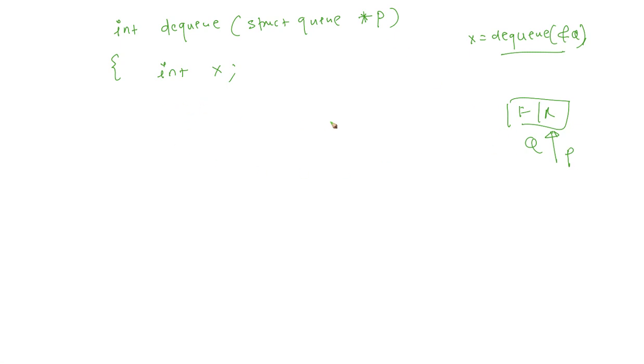So I need a pointer P1 here, struct node. Now this is node type pointer because I need a pointer pointing to the nodes of the queue, like this. So F is pointing here, R is pointing here.